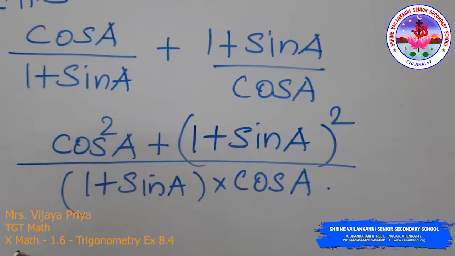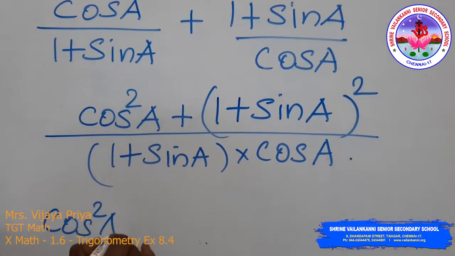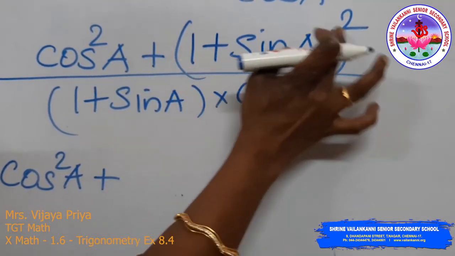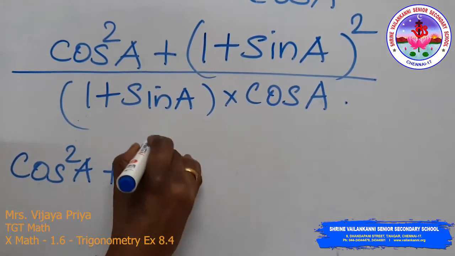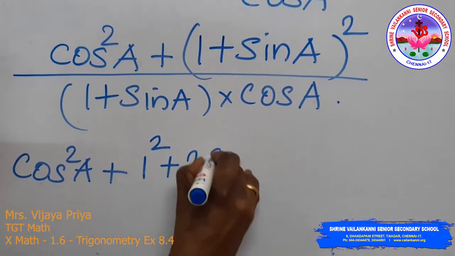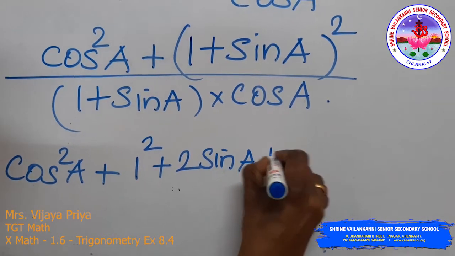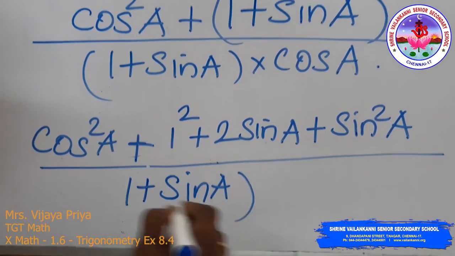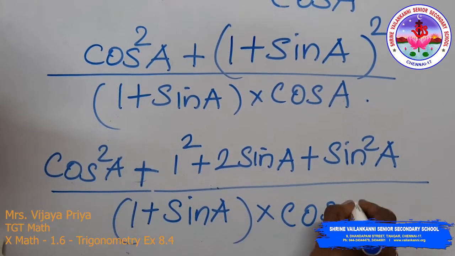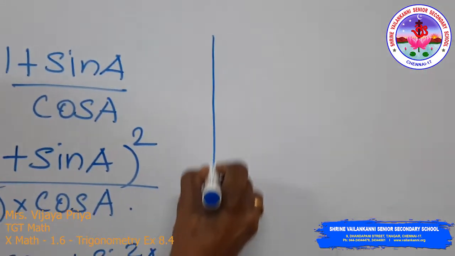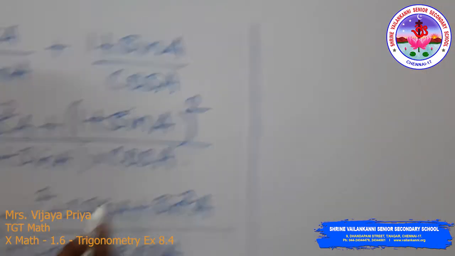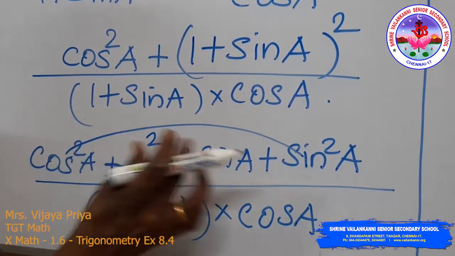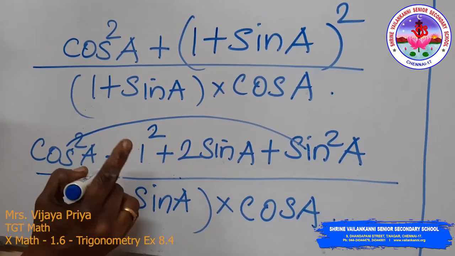So now we are writing cos squared A as it is. Now we are going to bring this expansion as (A plus B) the whole square, which is equal to A squared plus 2ab plus b squared. The denominator remains the same, (1 plus sin A) into cos A. Now see the numerator. We are remembering the identity: cos squared A plus sin squared A becomes 1, and 1 squared is also 1.